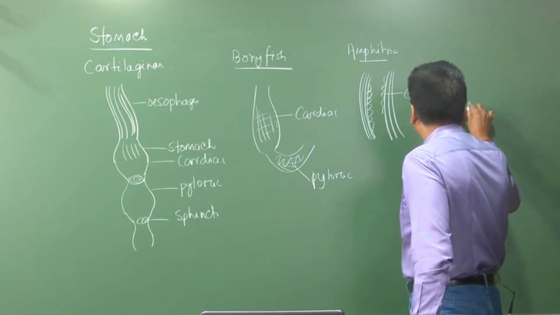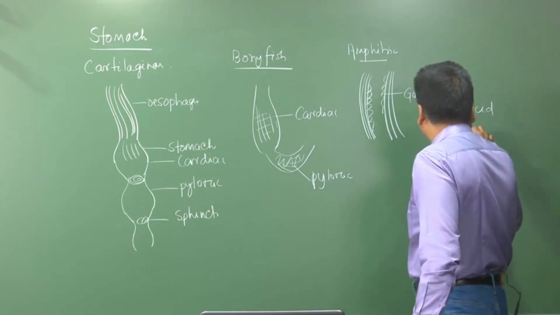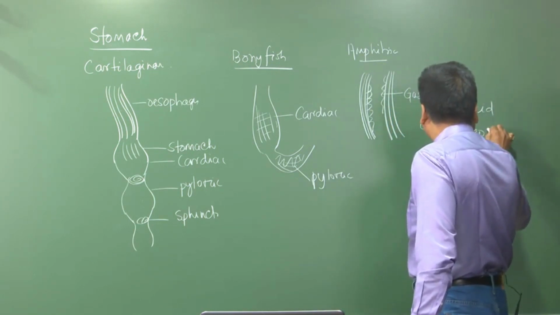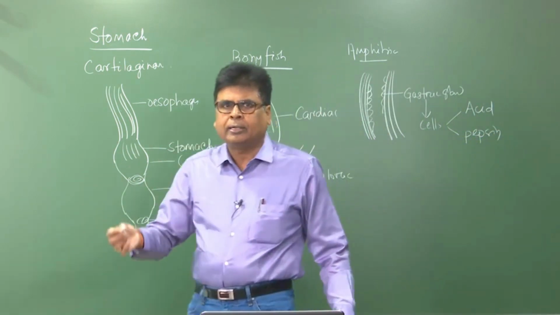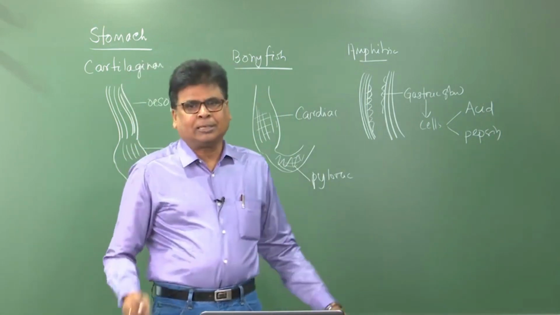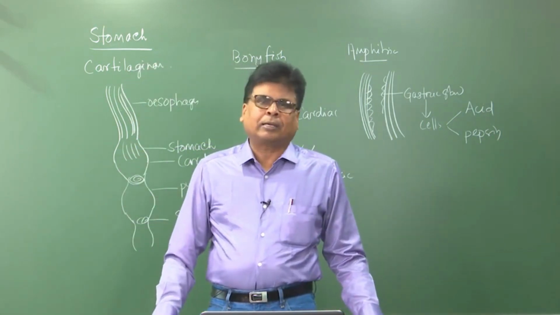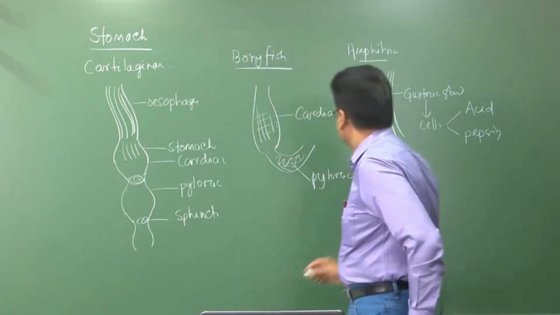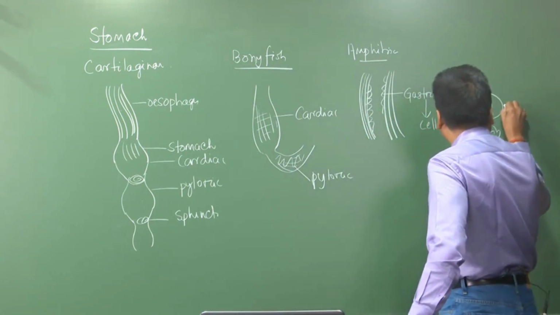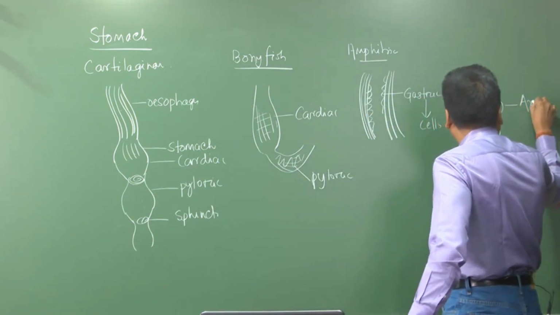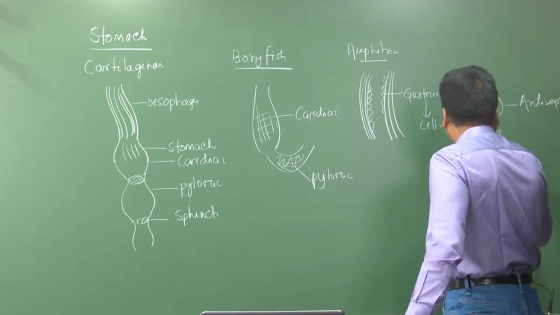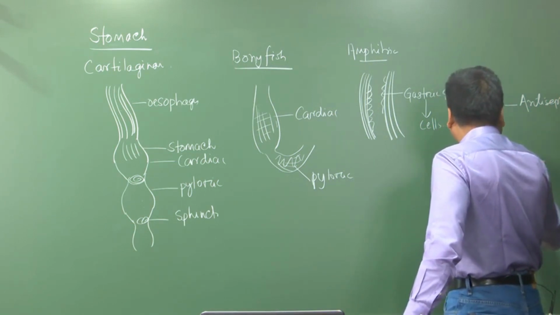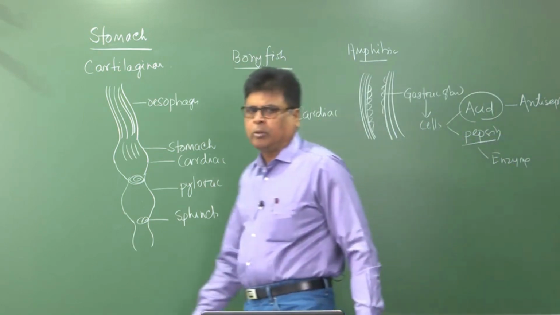The first one is the acid, that is the dilute hydrochloric acid. The second one is the pepsin. That means the same cell is secreting two fluids. The first one is the hydrochloric acid and the second one is the what? Pepsin. And you know this acid is for killing the bacteria, that means it acts as an antiseptic agent, and pepsin is an enzyme, and this enzyme is involved in digestion of the food material.